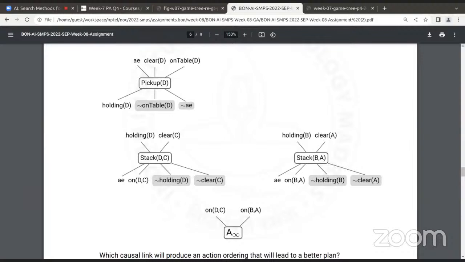For the hand to hold D, it has to pick up D from table, or it should have unstacked D from some other block. Correct? Okay. If you unstack it from some other block, I will not know the name of the block at this point in time. So we have to introduce a variable saying there exists some X on which D is sitting, and I'm unstacking D from that X.